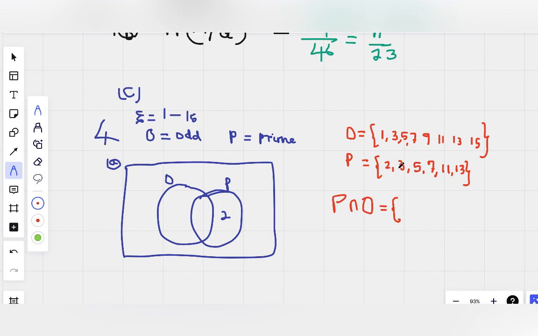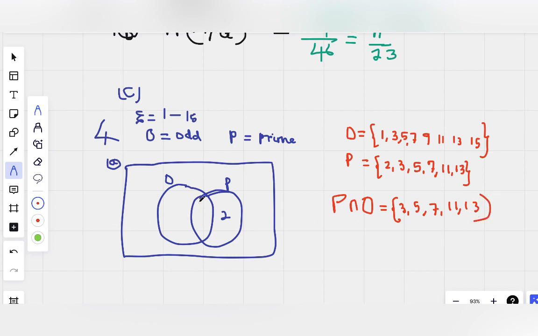What are the numbers that are here and here? 3 is in both, so 3 is common, it's in the overlap. 5 is in both. 7 is in both. 11 is in both and 13 is in both. So these are the intersection. Intersection means the numbers in the overlap. We're going to list them here, in this overlap.